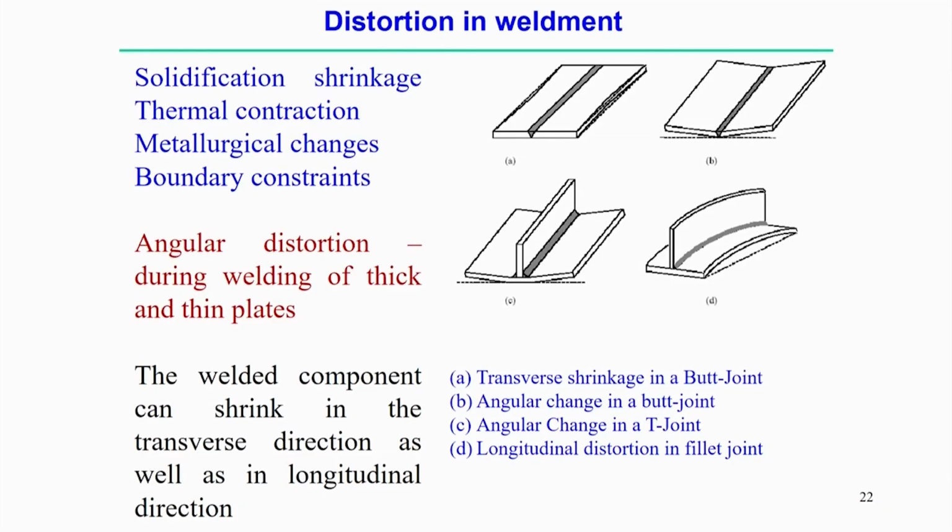Simply assuming that along the longitudinal direction the plate is very straight and there is only the angular distortion, we can measure it. Angular change in a T joint may also happen in the welded structure, and in the longitudinal direction in a fillet joint it may bend or buckle, corresponding to a kind of convex structure.